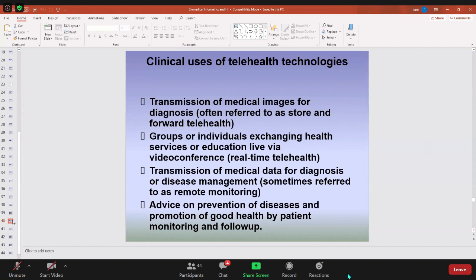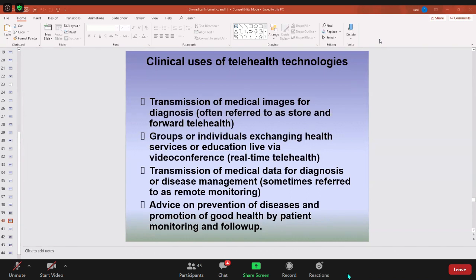Apart from that, groups and individuals can exchange health services or education live via video conferencing, or real-time telehealth. So you can have a real-time conversation while doing the surgery, the diagnosis, or the monitoring, and get an expert's views on certain conditions. There is also transmission of medical data for diagnosis or disease management, sometimes referred to as remote monitoring, from one destination to another center.